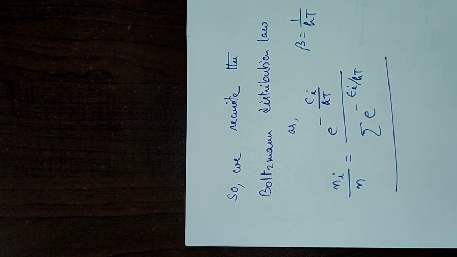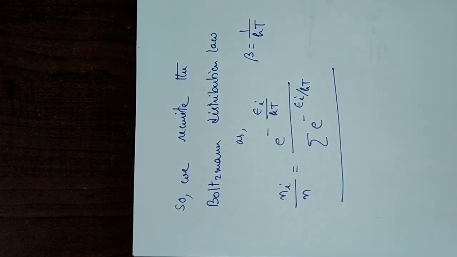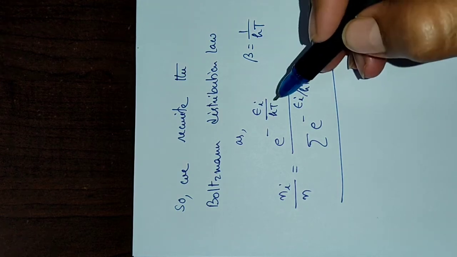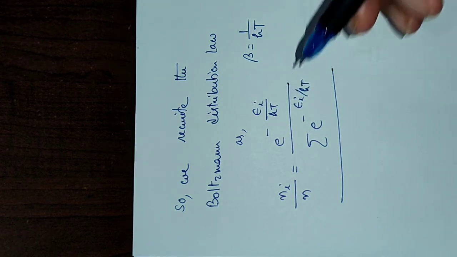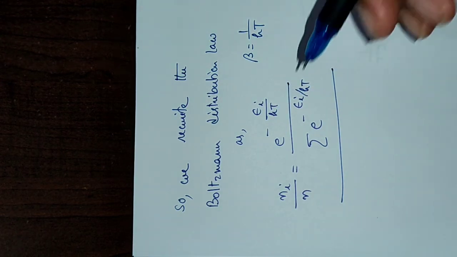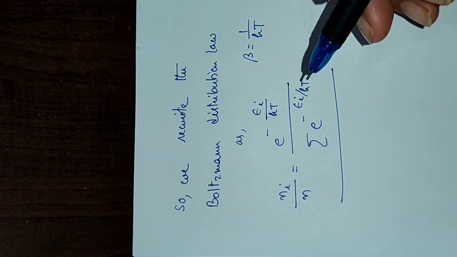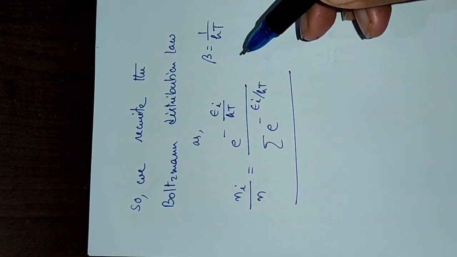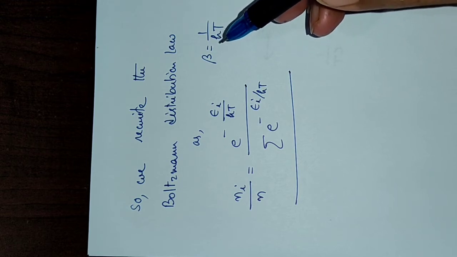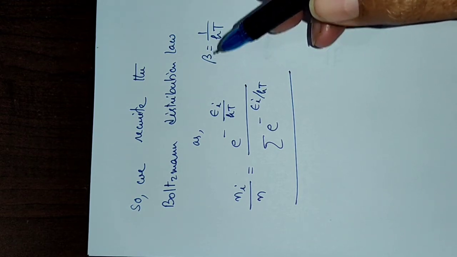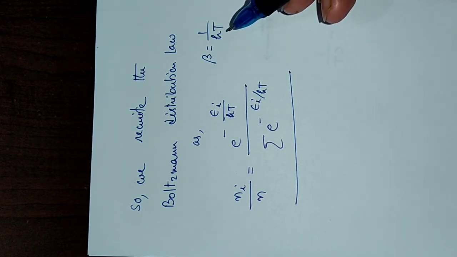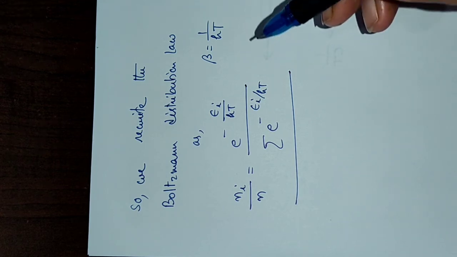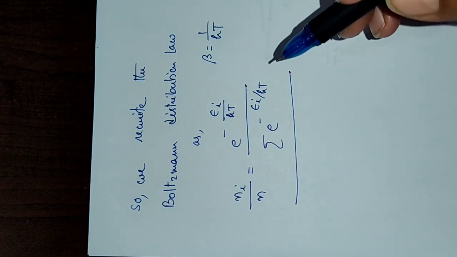So this is the expression of Boltzmann distribution law which has the temperature factor incorporated in it. Now we came to this conclusion through physical intuition. In the next lecture I will show you how to get the value of beta, which is actually 1 by kT, and in that connection I will introduce to you the partition function.